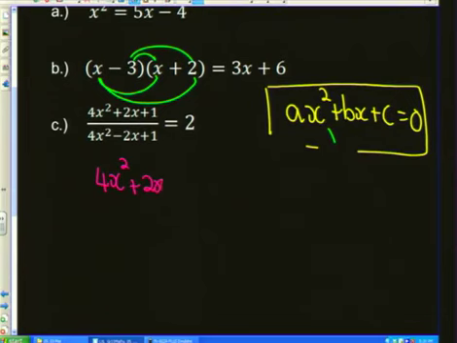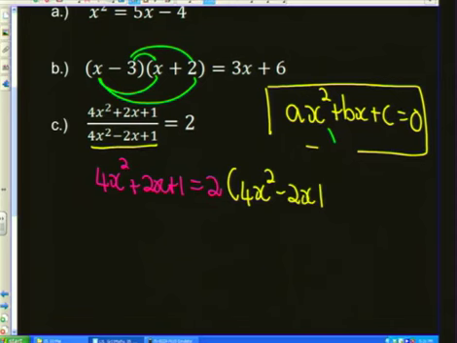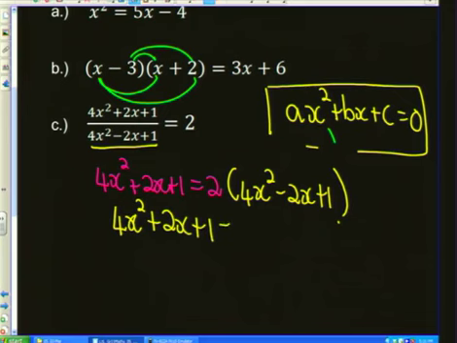So what's going to happen is I've got the top of that expression, and I'm multiplying by this across the equal sign. So it's 4x squared minus 2x plus 1. And now we're going to tidy it up. So it's 4x squared plus 2x plus 1 equals 8x squared minus 4x plus 2.